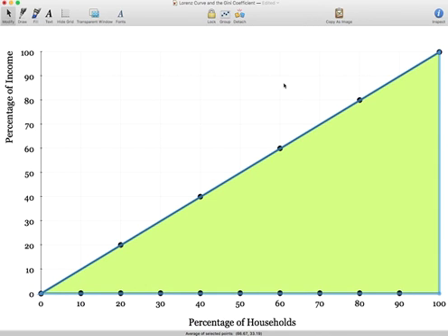Now, I just illustrated the extremes there. For example, if I wanted to use some actual numbers, I have some numbers here for 1967 that we could actually use. So the lowest, the bottom fifth or the bottom 20%, had about 4% of the income.